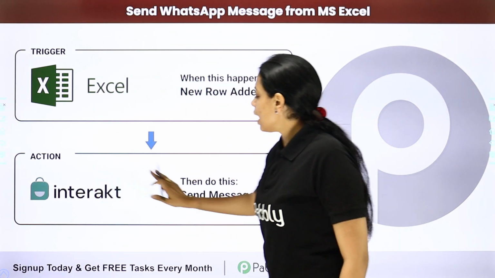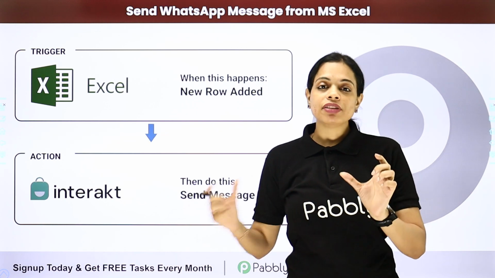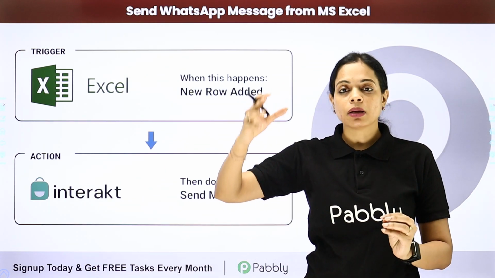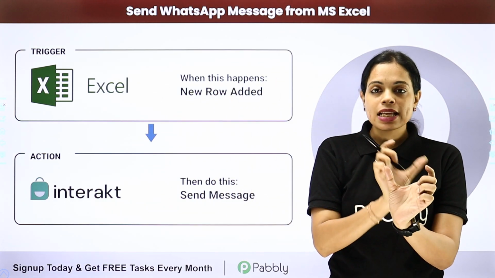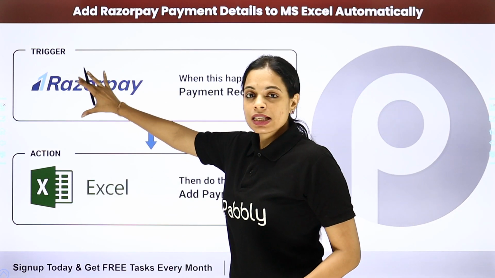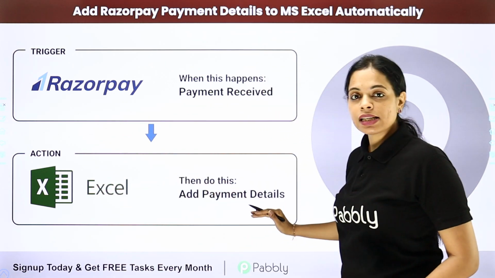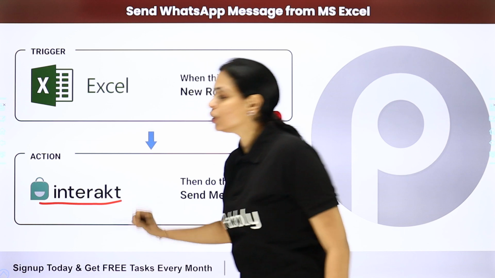Let's see the next example. So now here you have got certain data in your Microsoft Excel. Now you want that every time a new row is added, let's say you have the name of the user, the contact number and extra information. So the moment this detail has been added, here we can take this example as well. So the payment has been captured and then in your Microsoft Excel, the details have been added. Now with the help of these details, you can send a WhatsApp message to the user.